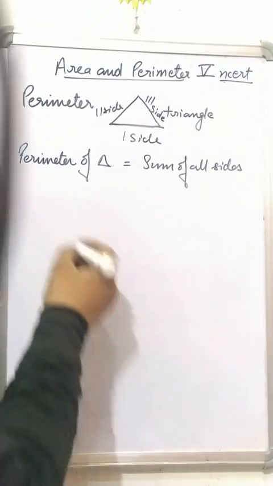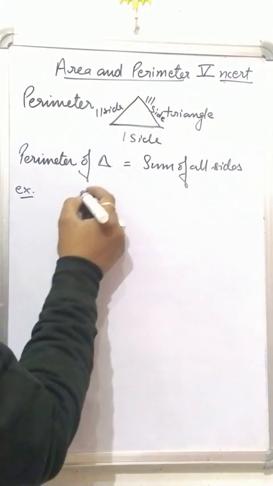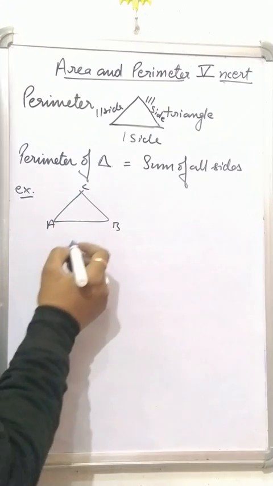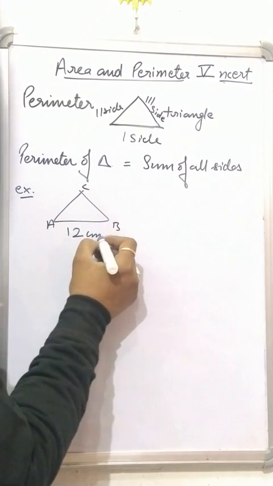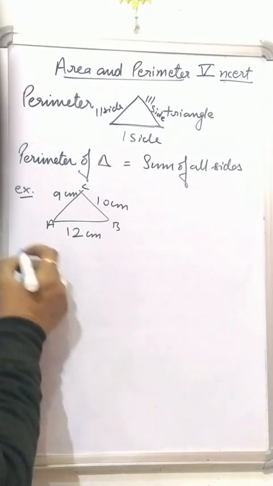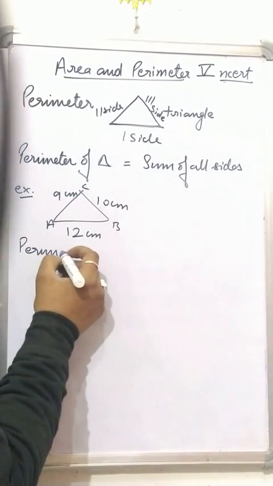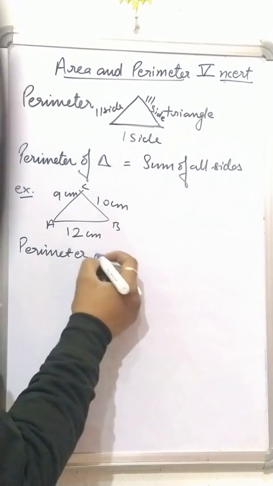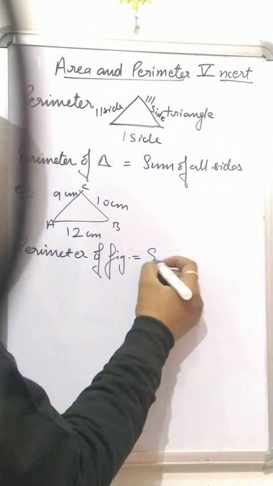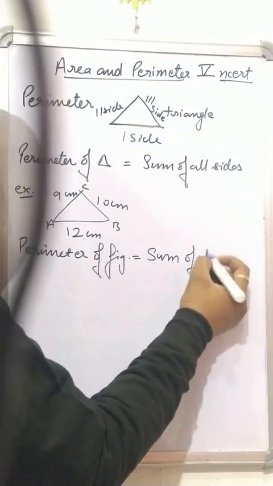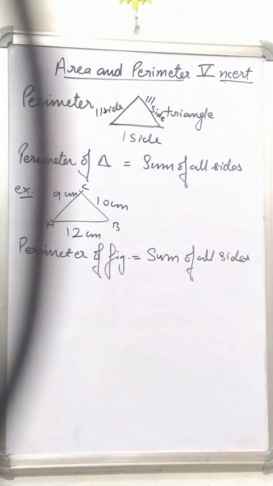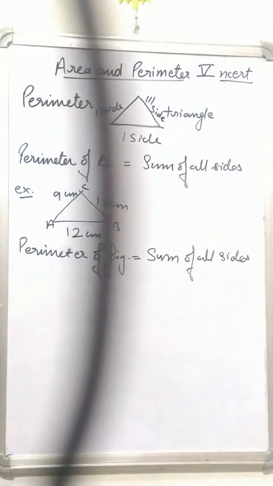Sum of all sides. For example, this is a triangle ABC and this is 12 centimeter, this is 10 centimeter and this one is 9 centimeter. To find the perimeter of the figure, the triangle, is equal to the sum of all sides.